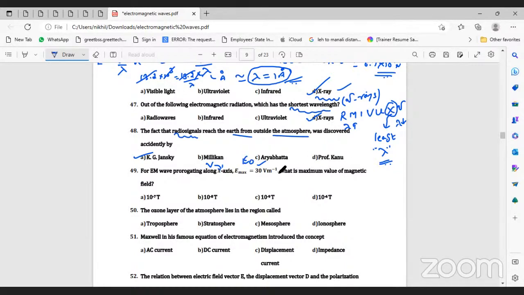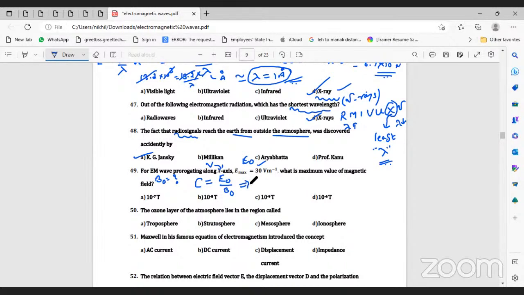What is the maximum value of the magnetic field? The maximum value of the magnetic field is B naught, that is the question. The speed of light c is given by the formula c is equal to E naught divided by B naught.